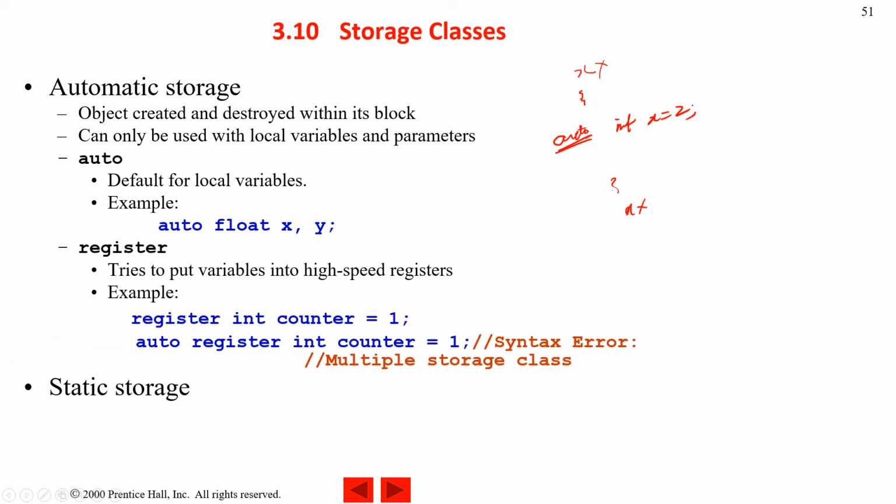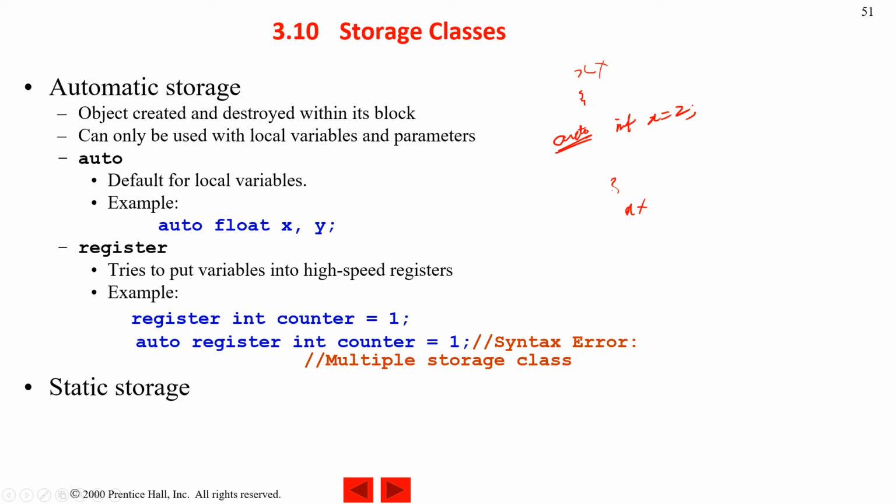The register, as I said, is something that you can try to put in a high speed register. So register is something that is very close to the CPU. They are faster than RAM, and you can write register int counter equal to 1. So basically the name of the variable is counter, the value is 1, the type is int, the size is the size of integer, and this is just saying that if possible, try to make this variable in the register rather than the RAM.